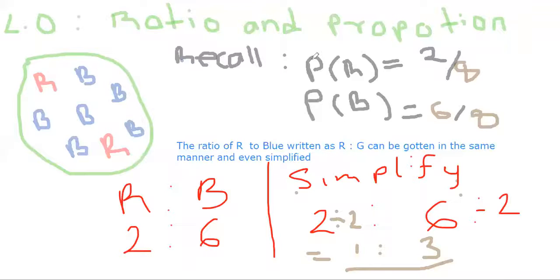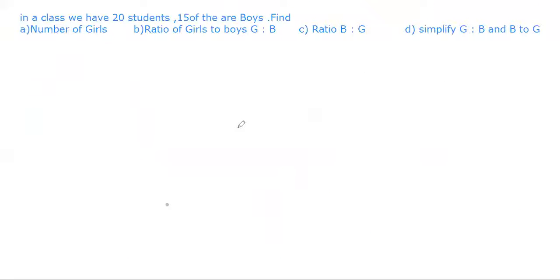Let us look into some more examples. You have a real life situation where you've gone into a class and you found that the total number of students is 20, while the number of boys is 15.